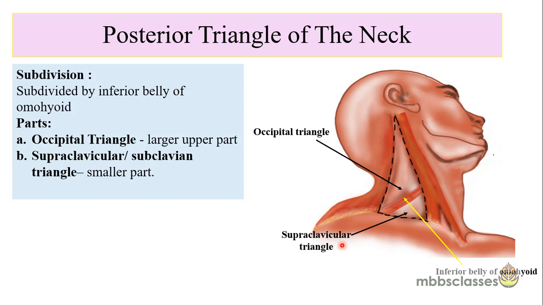It is called so because the occipital triangle contains the occipital artery, and the supraclavicular triangle, sometimes also called the subclavian triangle, contains subclavian vessels. Just remember one thing, the posterior triangle has two subdivisions, whereas the anterior triangle has four subdivisions.